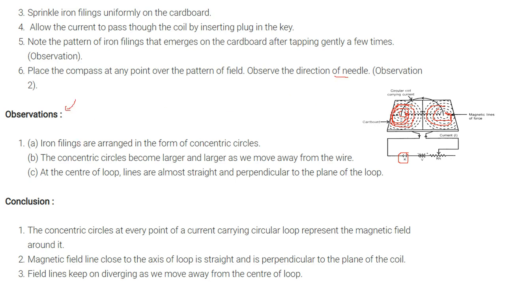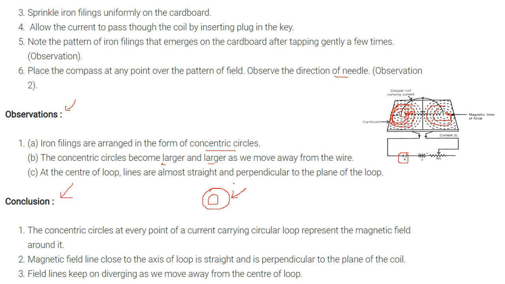The iron filings are arranged in the form of concentric circles. The concentric circles become larger and larger as we move away from the wire, as you see in the figure. At the center of the loop, the lines are almost straight and perpendicular to the plane of the loop. What conclusion do we draw here? The concentric circles at every point of a current carrying circular loop represent the magnetic field around it.